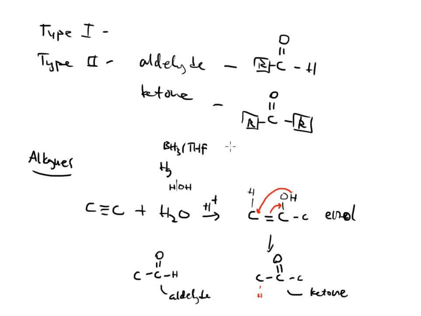And that was also special because that put the OH groups in the opposite positions. It was one of the ways that we were able to get the OH group on the end. And if it's on the end, then this is going to give me an aldehyde for sure. So this borane THF forms aldehydes. And all of the other water additions, the mercuric additions, and so forth will tend to give me the ketones.